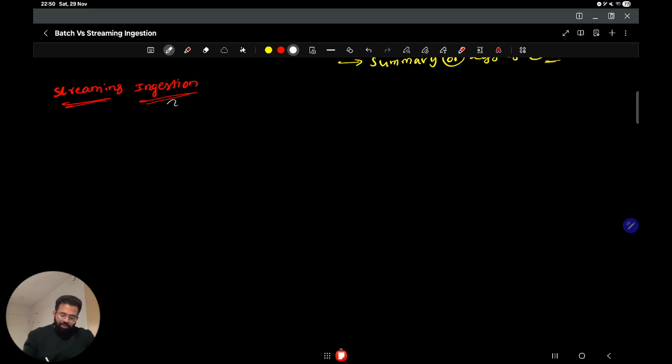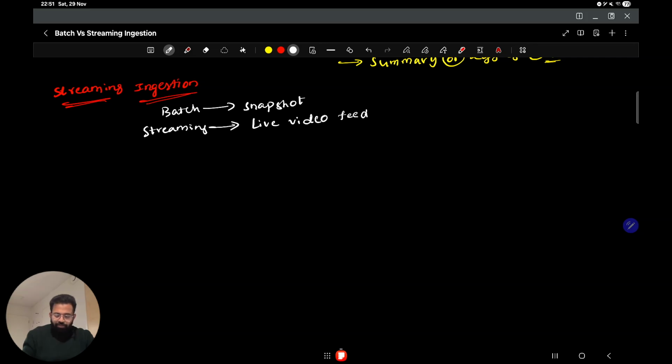If batch is like a snapshot, then we can say streaming is like a live video feed. You might already be familiar with the word streaming. Nowadays there are many streamers who continuously keep the internet on and record what they are doing.